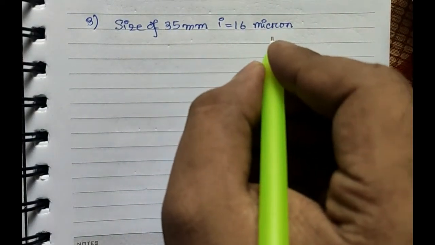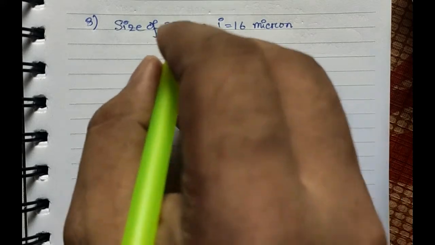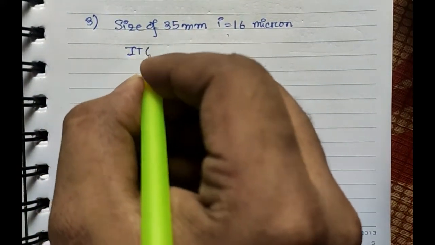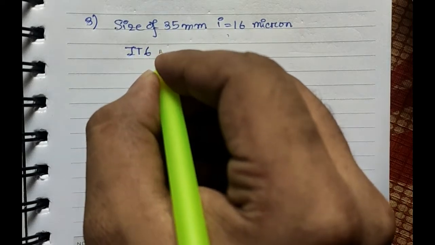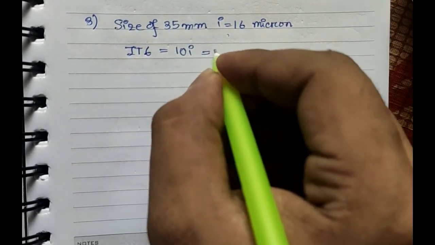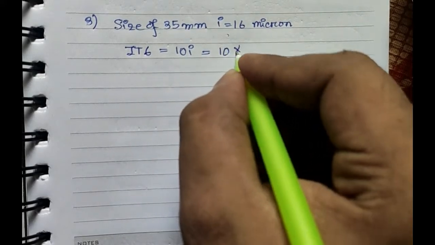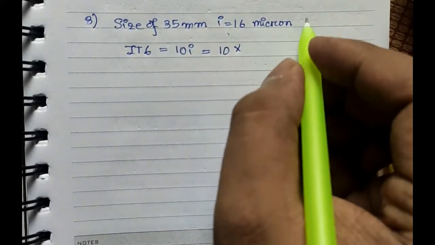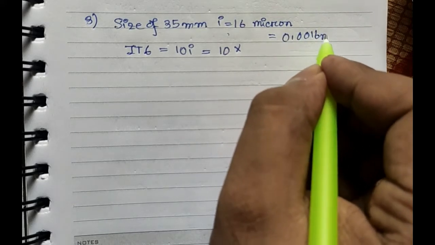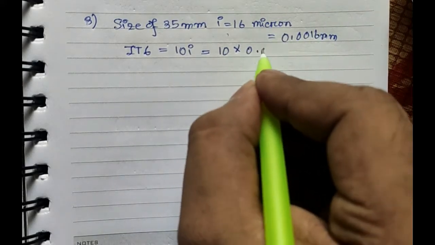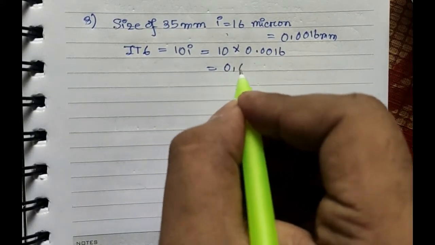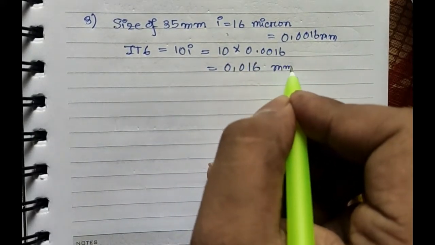So IT6 is equal to 10i, so 10 into 16 micron, that means 0.0016 mm. So the answer will be 0.016 mm.